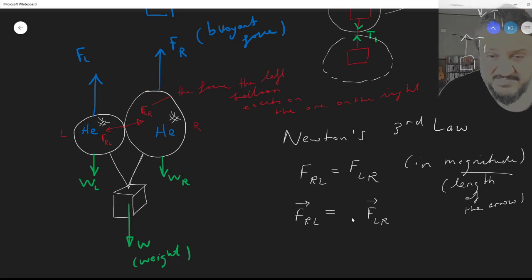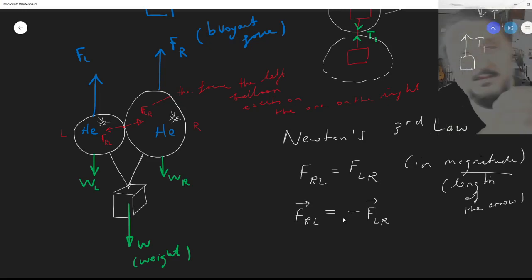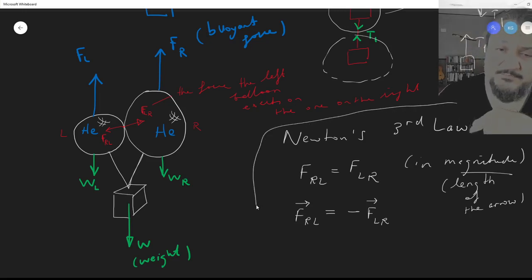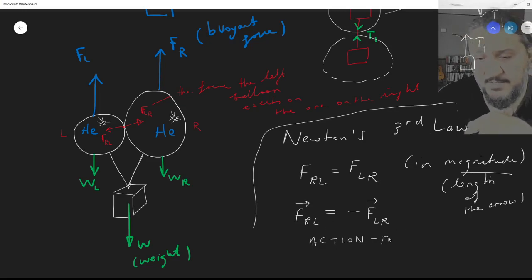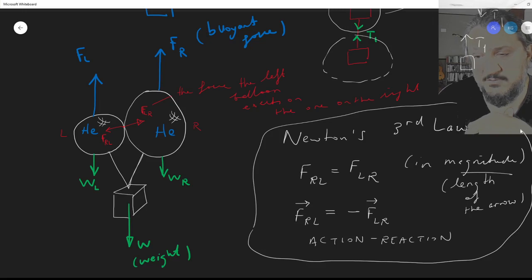I'm going to put a negative sign either in front of FRL or FLR. Doesn't matter which one. They're identical, okay? I put a negative sign in one of them. Now I know that they're pointing in opposite directions, okay? So this is called Newton's third law, also called the action-reaction principle. Action-reaction principle. And these forces are called action-reaction pair. All right?